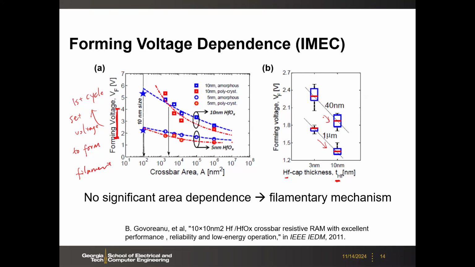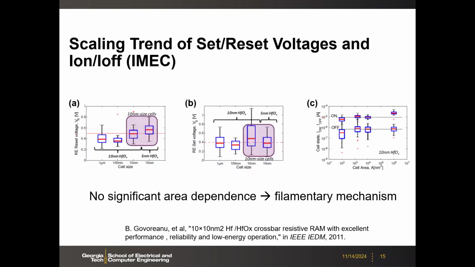So there would be a lot of engineering effort to improve this, or let's say get rid of this forming process if possible. And then after the forming, the regular set and reset voltages are actually pretty small in this IMEC data. You see that the reset voltage and set voltage are even below 1 volt. And there's not much dependency on the device area.